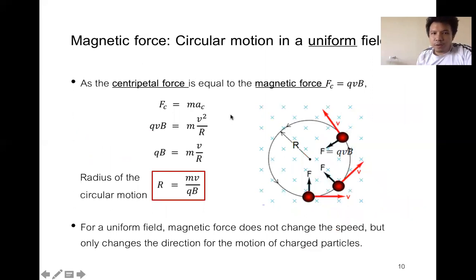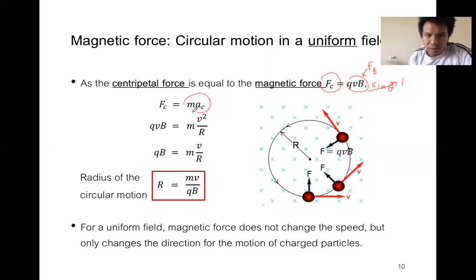So we come back to the relation: centripetal force is equal to magnetic force. So we try to match FC with FB, and FB is QVB. We neglect the sine theta, because if theta is 90 degrees, sine theta is equal to 1. Then we try to derive this formula.